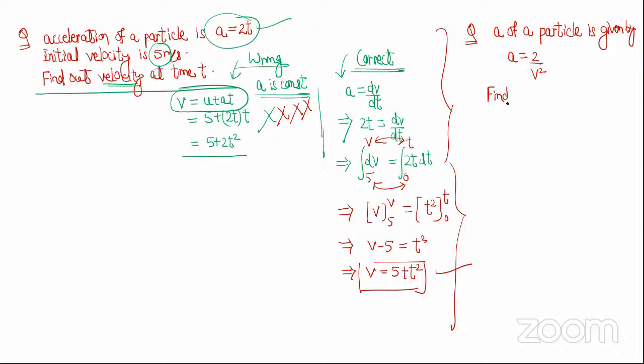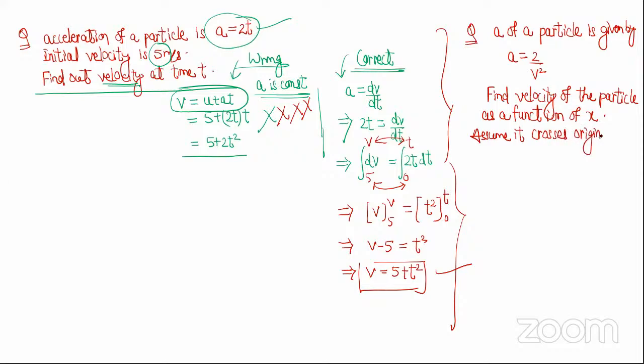Find velocity of the particle as a function of x. Assume it crosses origin with 1 meter per second. The answer is v equal to 1 plus 8x to the power 1 by 4.